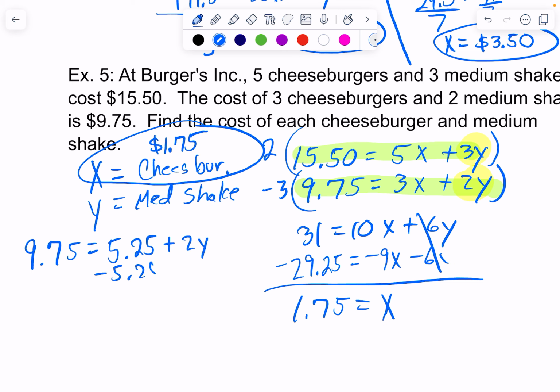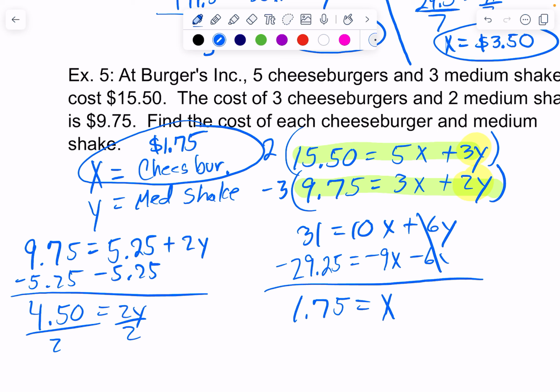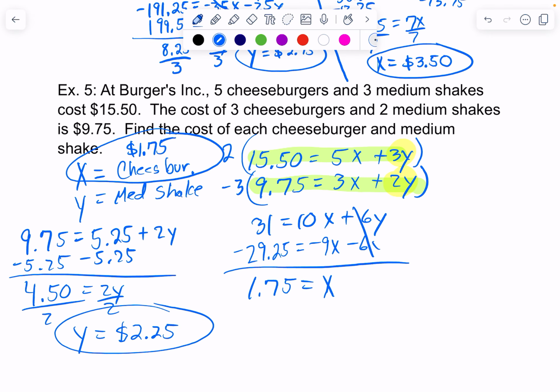Subtract my 5.25. You got 4.50 equals 2y, divide by 2, and there you have it. The shakes are $2.25.